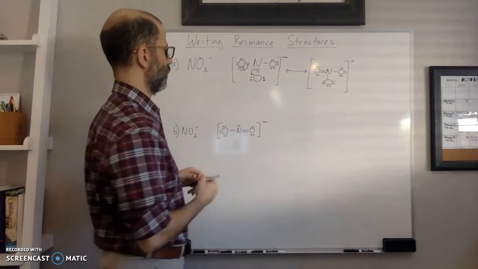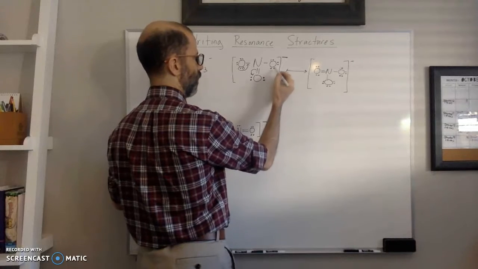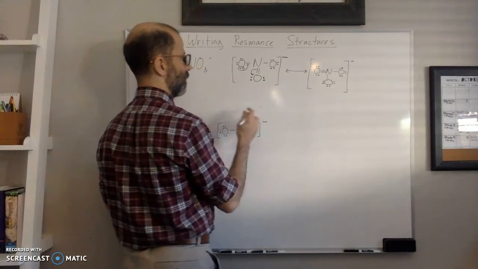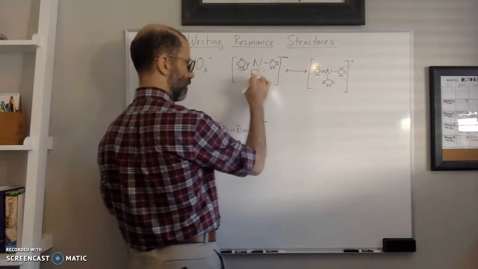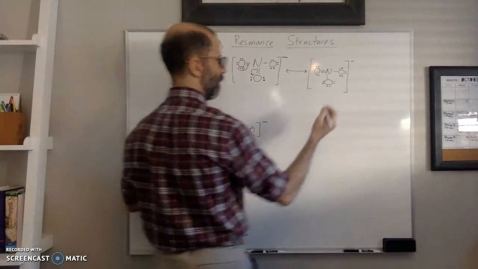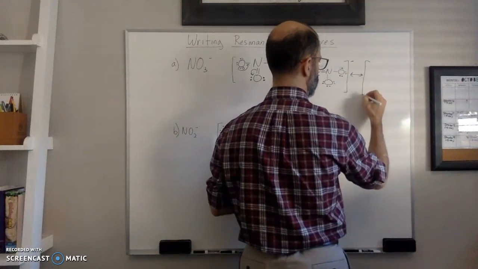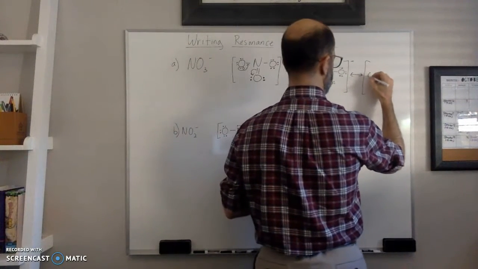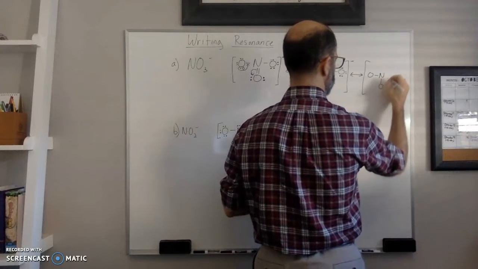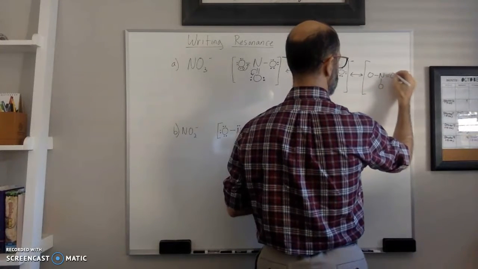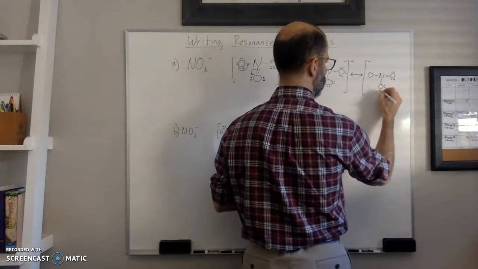I could have done it the other way, where instead this pair of electrons would move. So I could move this pair and make a double bond there, and then these would move onto that one, creating another possible resonance structure. In that case, it would be single, double, like so.